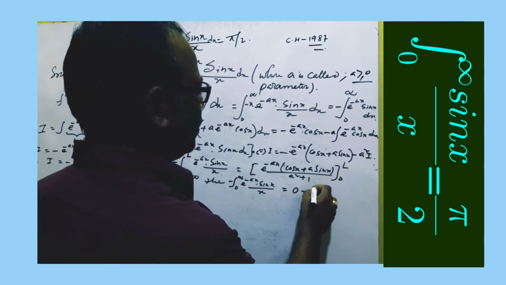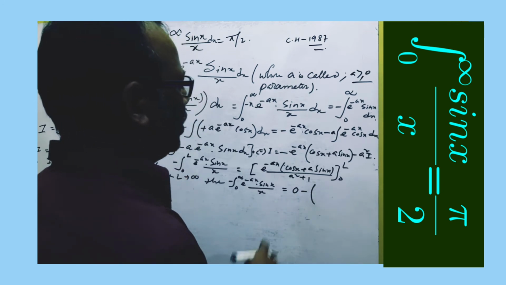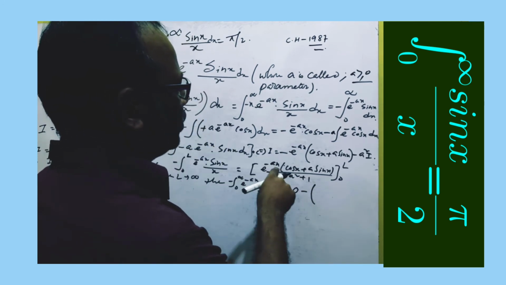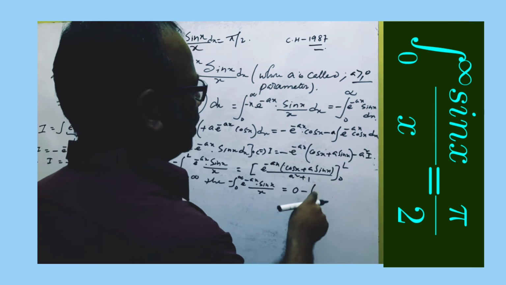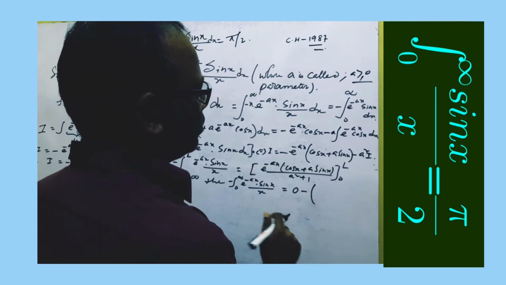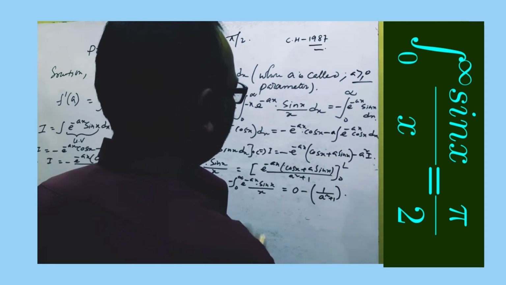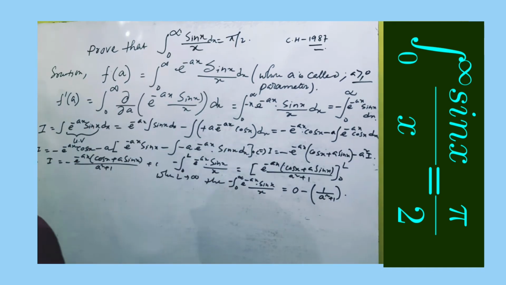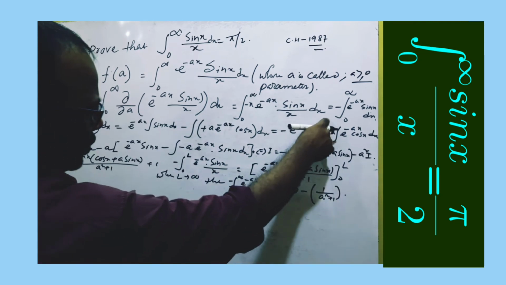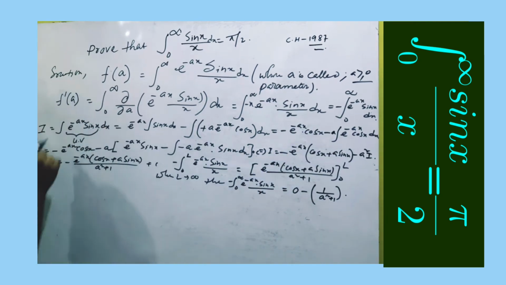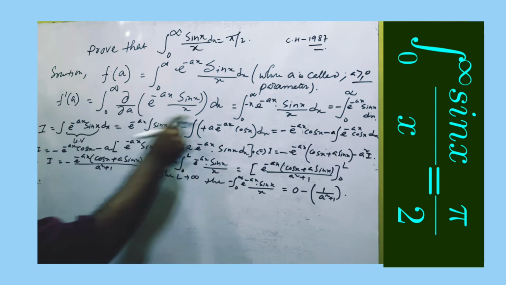After that, if we put 0 in place of x, then this is 1, this is 1, so 1 by a square plus 1. Okay, so this is the result.